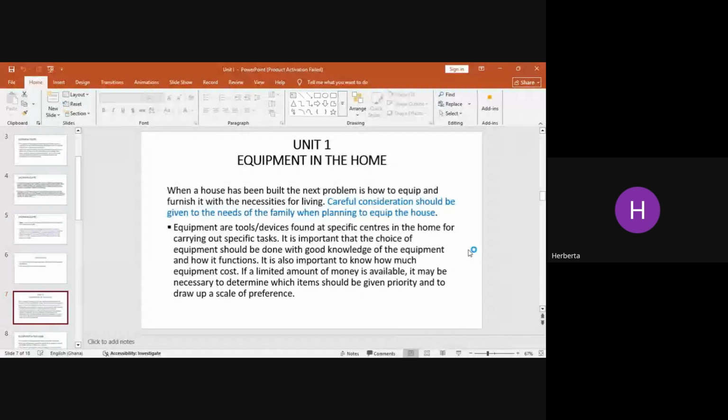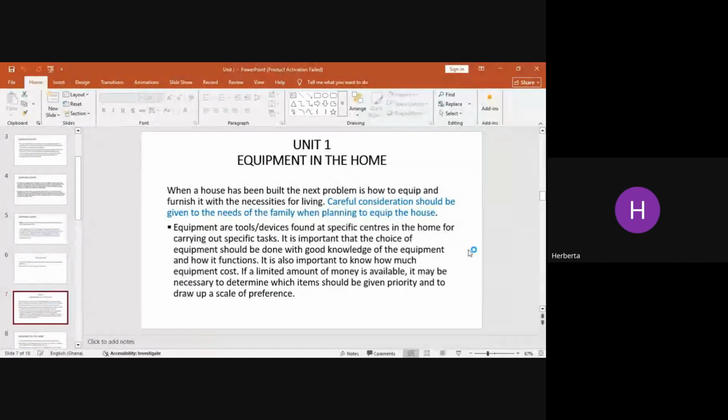When we talk about equipment, tools or devices, they are found at specific centers in the home for carrying out specific tasks.